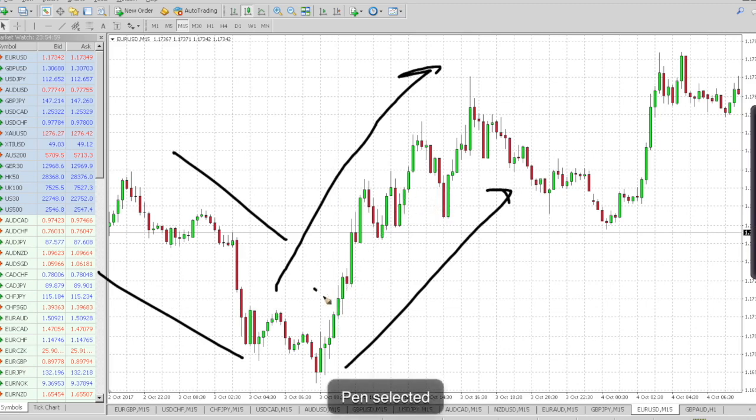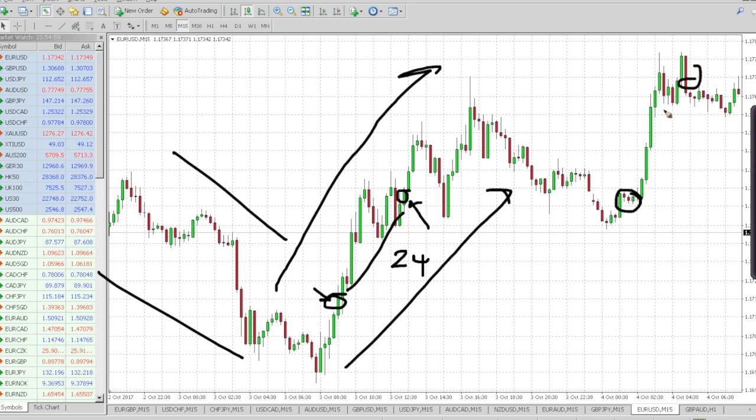So I buy here, I sell there, I get 24 pips. That's it. I'm out, and I go for the next trade. I may buy here and sell there. All right. So I'm capturing the very short-term trends within the day.